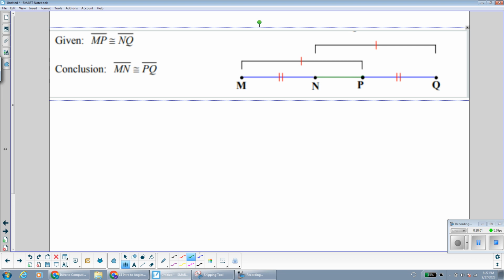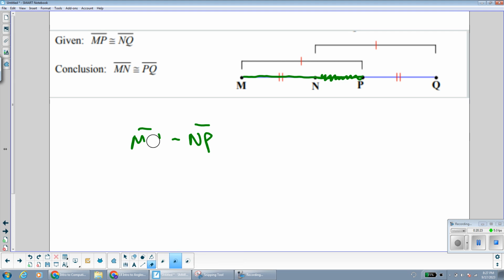So here, if we're starting with MP, but we just want MN, we would need to get rid of NP. I'm going to write that here. Oops, I just wrote that incorrectly. MP, that's the segment we're starting with, the long segment MP.